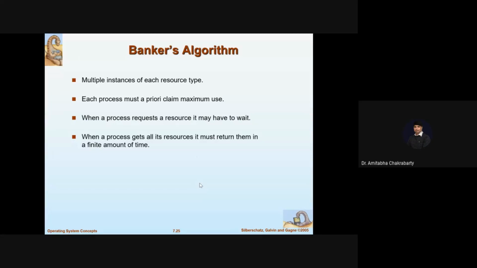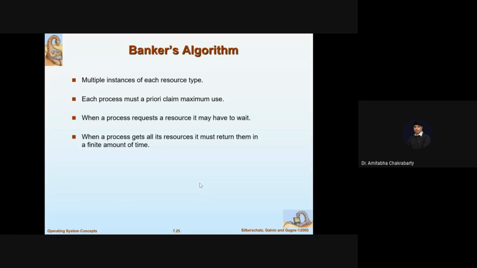And then when a process requests a resource, it may have to wait. Now, a process might want instances of resources, but the instances may not be available around that time. So if that happens, then the process has to wait till those resources become available.